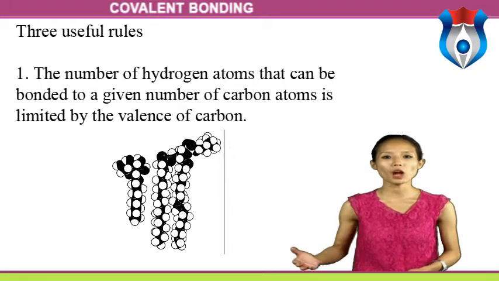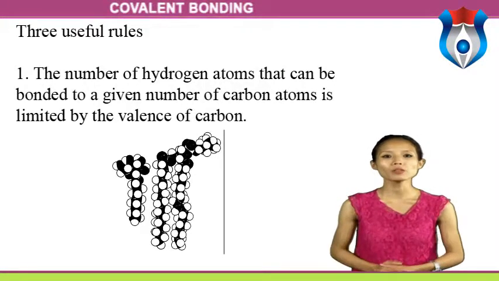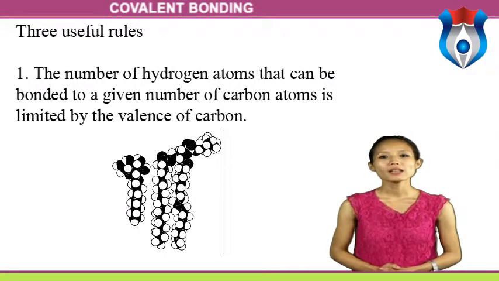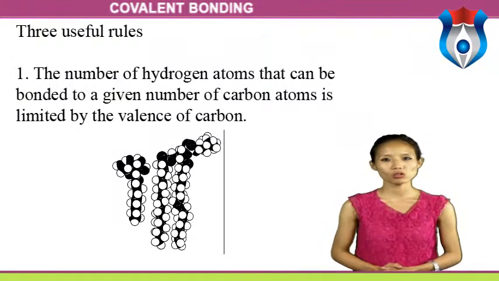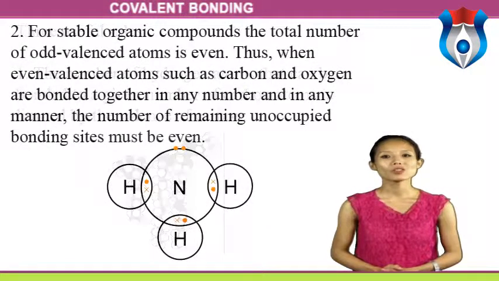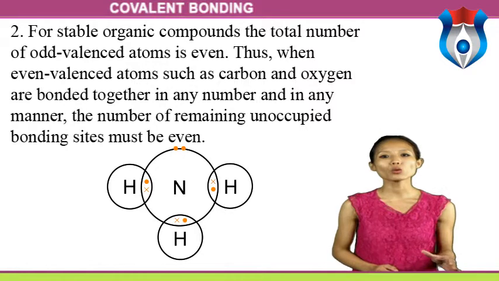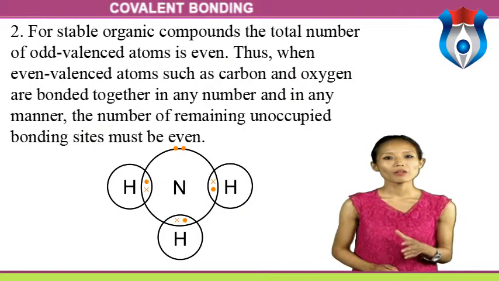For compounds of carbon and hydrogen, hydrocarbons, the maximum number of hydrogen atoms that can be bonded to n carbons is 2n plus 2. N is an integer. In the case of methane, CH4, n is equal to 1 and 2n plus 2 is equal to 4.